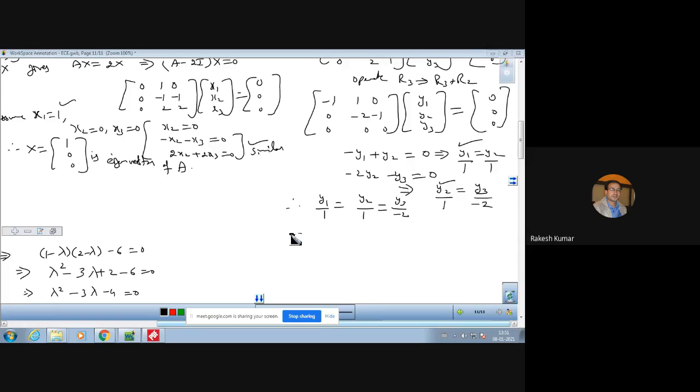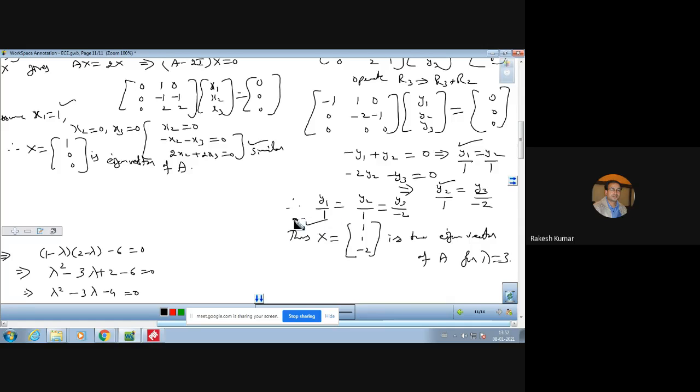The eigenvector y1, y2, y3 is 1, 1, minus 2, the eigenvector of A for lambda equal to 3.